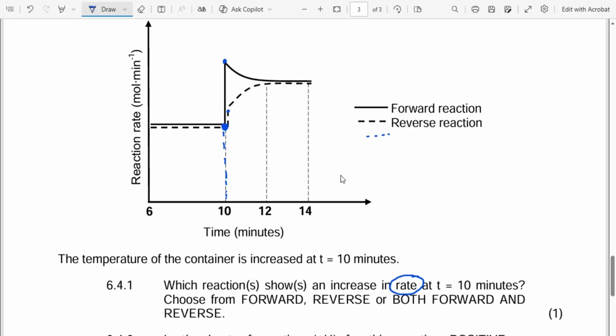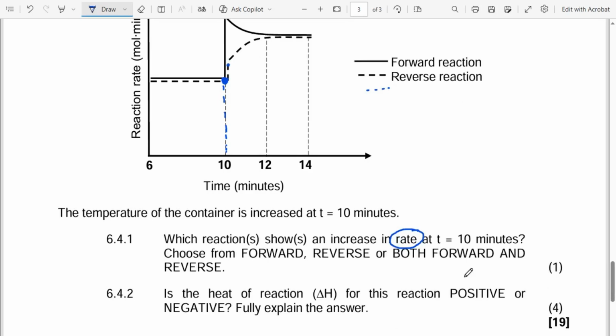So what I can say is that at T10, the temperature increases. This causes both the forward and reverse reactions to increase immediately, because remember, the particles gain energy, leading to more frequent effective collisions. I hope you guys understand that. Né?